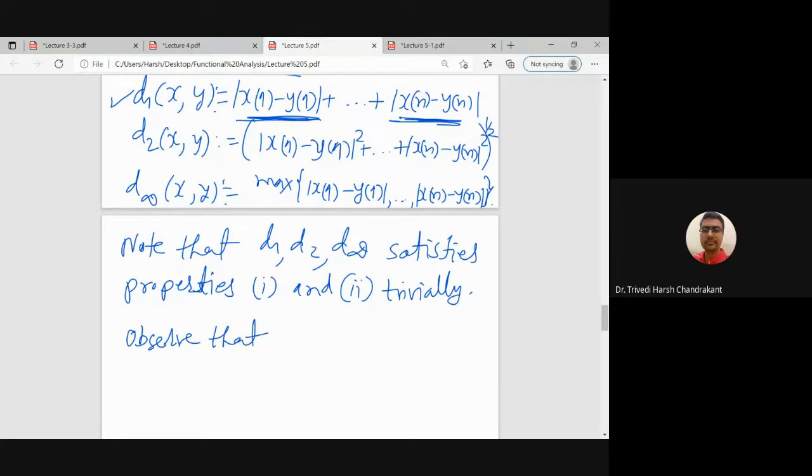To prove the triangle inequality for the n-dimensional space Kn, we can use the triangle inequality of real numbers.